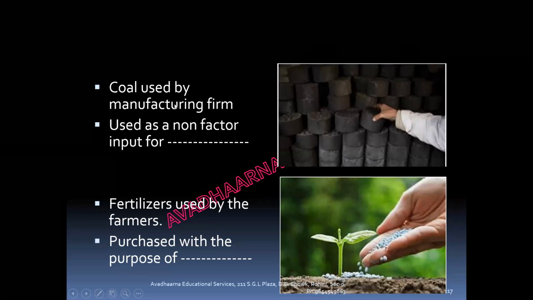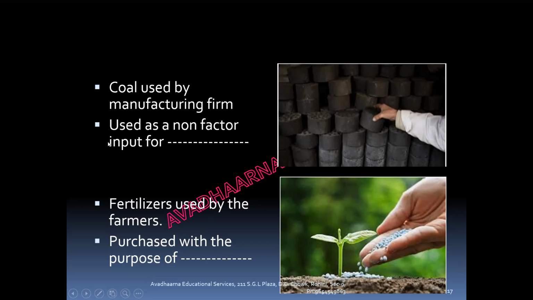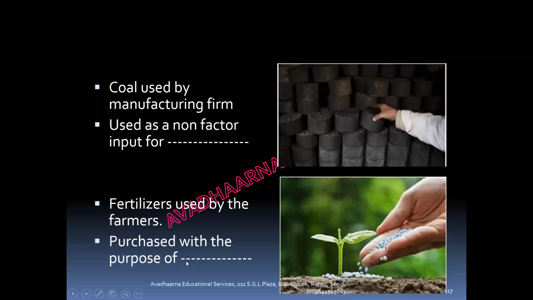Now, coal used by a manufacturing firm is used as a non-factor input for further production. So it's an intermediate product. Fertilizers used by the farmer are purchased with the purpose of producing a good amount of grains.